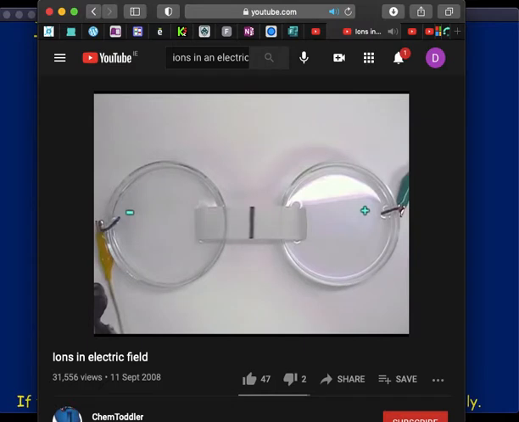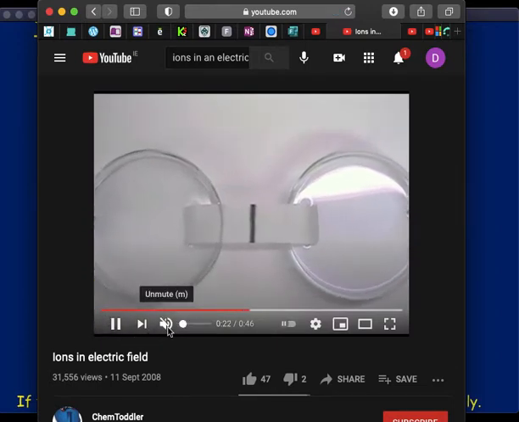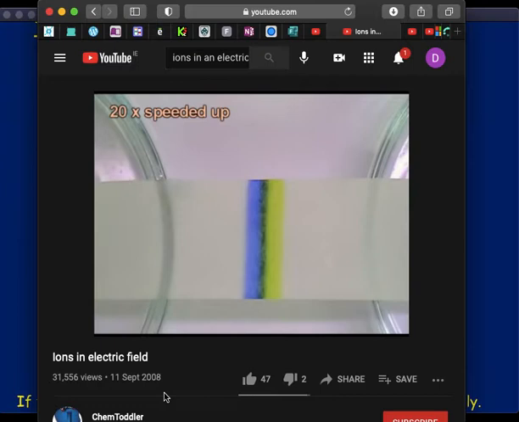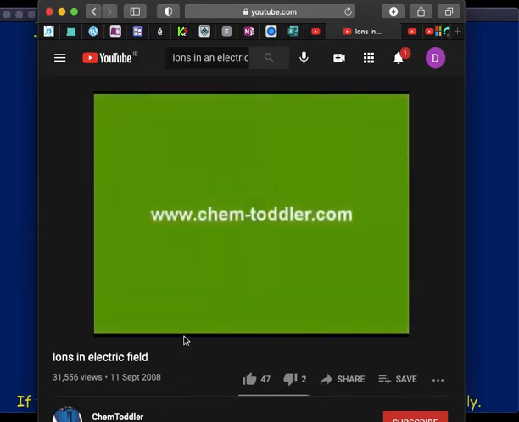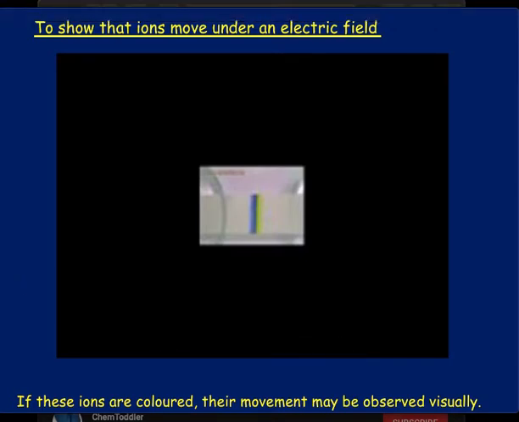So what they've done here is they have taken some filter paper and they have put copper chromate in the middle, and then they apply current to the filter paper, and you will see that the negative chromate goes toward the positive anode and the blue copper goes toward the negative cathode. So this is as good as I can do for you, and this would be what we would see if we were in school, because we can't actually do it in person.